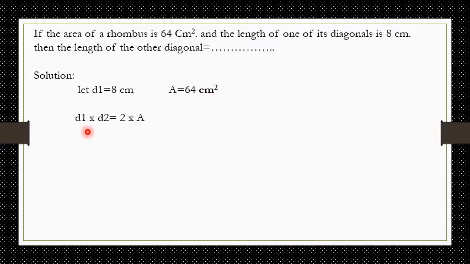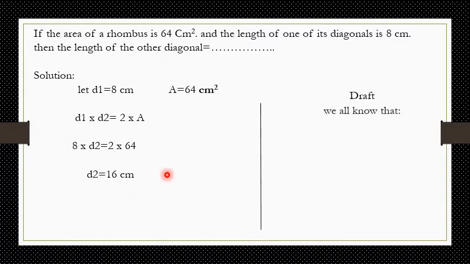Now D1 by D2 equals 2 by A. We have D1, so we will substitute in that formula. So 8 by D2 equals 2 by 64. Now D2 equals 16 centimeter.